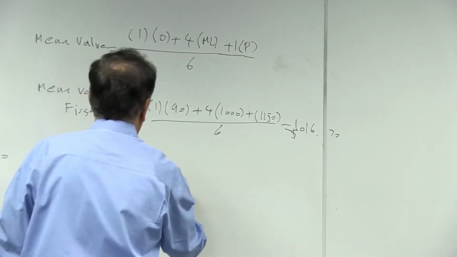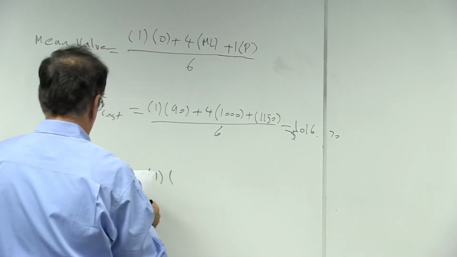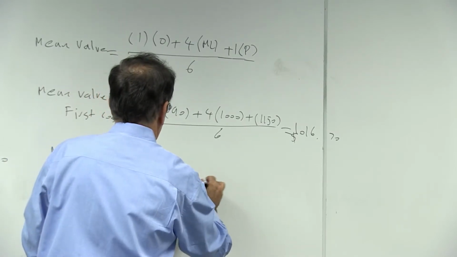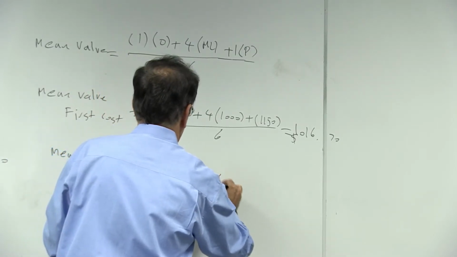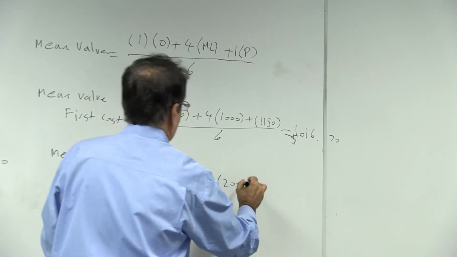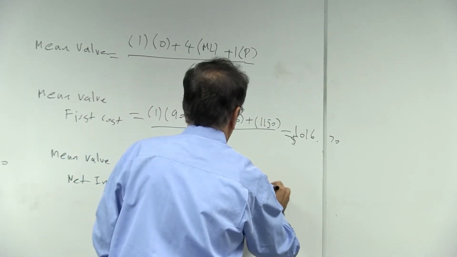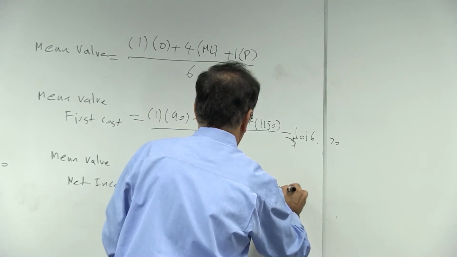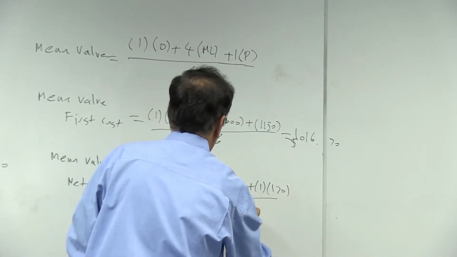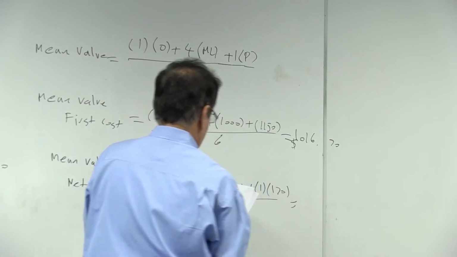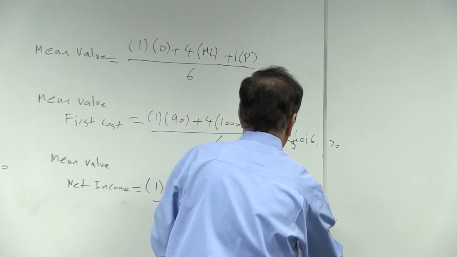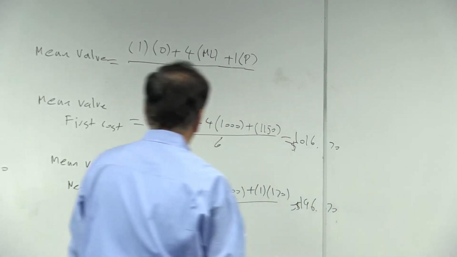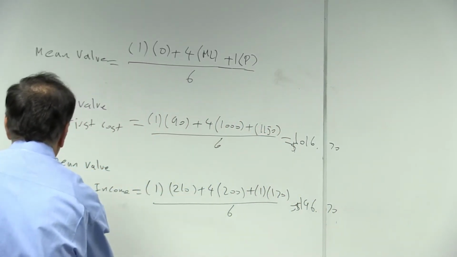So it's going to be 1 times 210 plus 4 times 200 plus 1 times 170. Divide by 6, I'm going to get net income of $196.70.